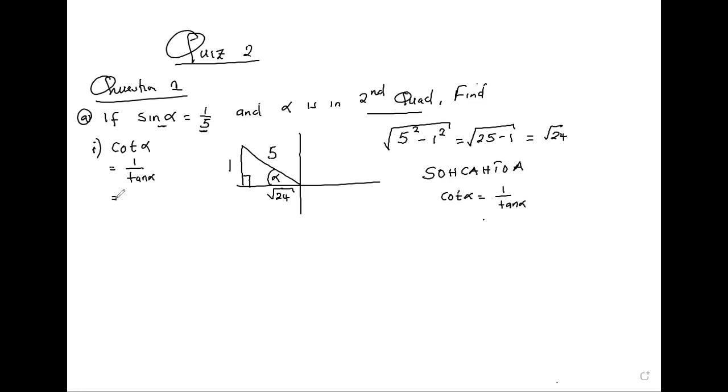And since we know that tan is opposite over adjacent, we'll write 1 over 1 over root 24, so that this just becomes root 24. But look, this is negative, so we put the negative as well. It's negative because it's on the left of the y-axis.